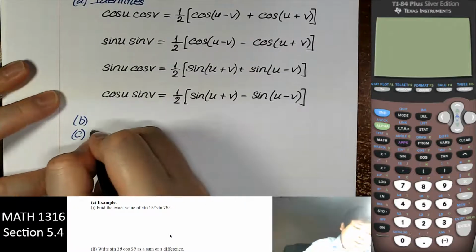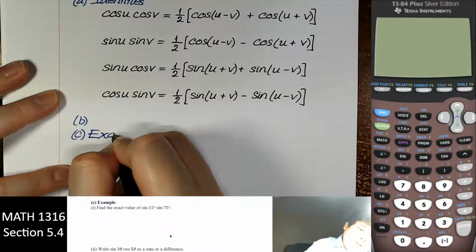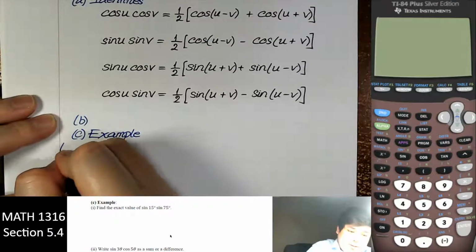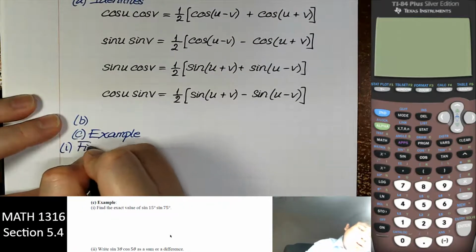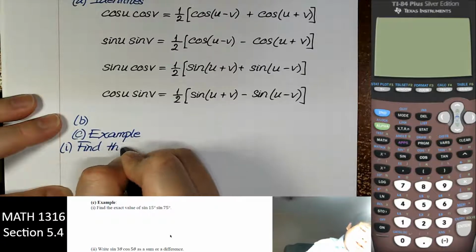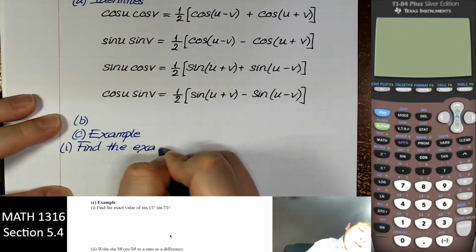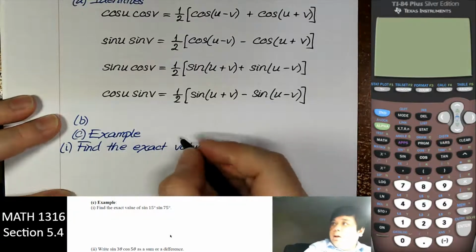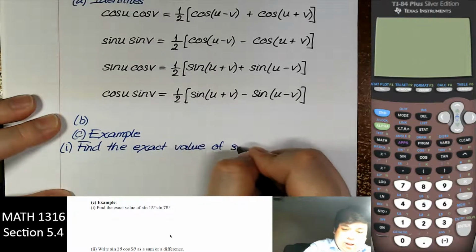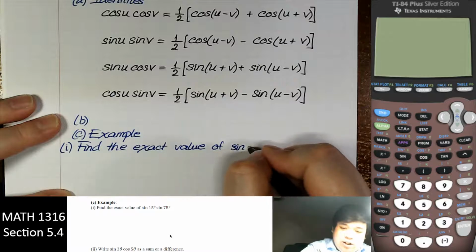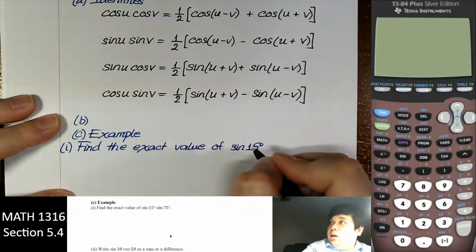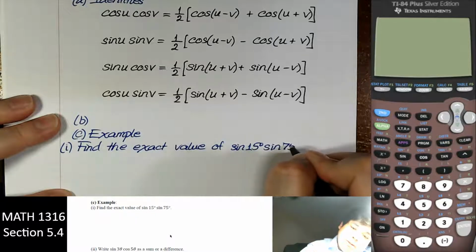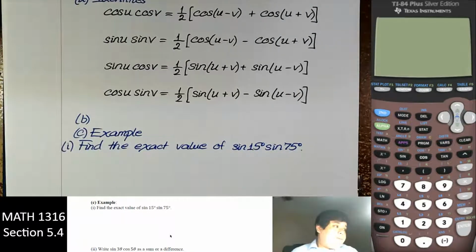See example. Find the exact values of sine of 15 degrees and sine of 75 degrees. Right.